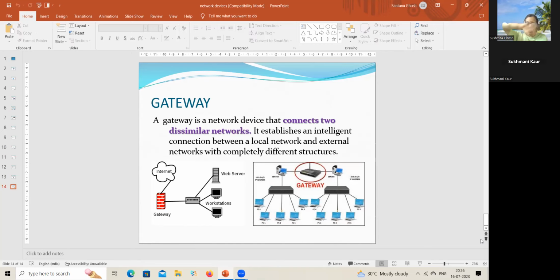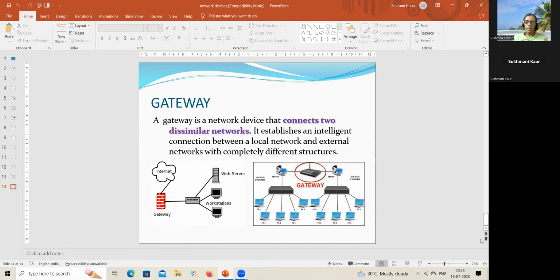Everything is routed to BSNL, and ultimately BSNL takes my data out of my network to the world, where I don't know what kind of setup is there: what topology, what kind of wires, what kind of modem and router, what the specification of that network is. I don't know.